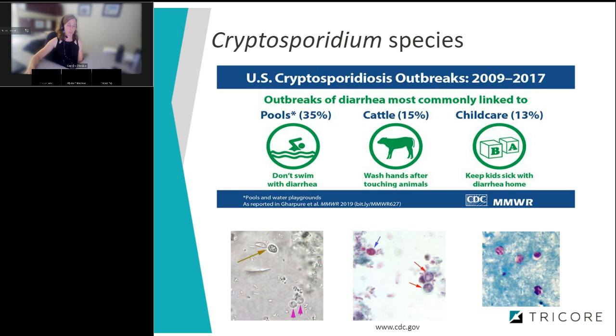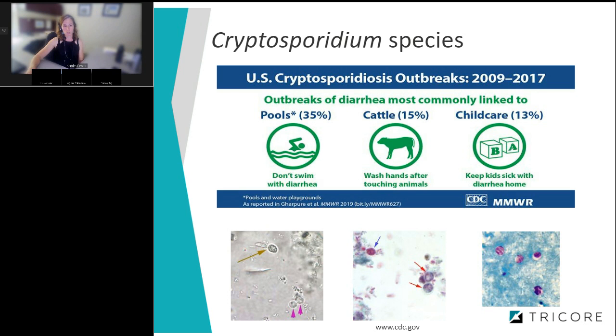So this is one way that we look for Cryptosporidium. On the bottom left side, we have a wet mount. And these two pink arrows are pointing to Cryptosporidium cysts. They're 4 to 6 microns across. The brown arrow here is pointing out a budding yeast. We also stain stool specimens with trichrome to help pathogens, especially protozoan pathogens, stand out.